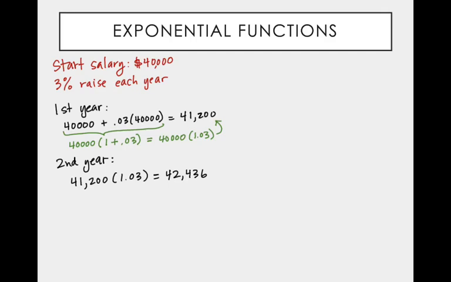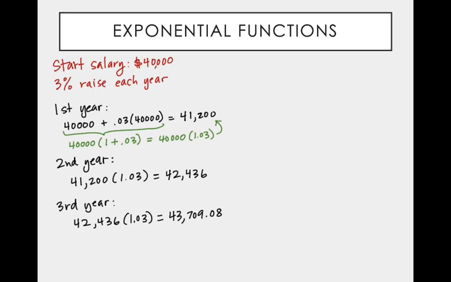All right, and then at the end of the third year, we would take that $42,436 and multiply it by 1.03. And we would get $43,709 and 8 cents.